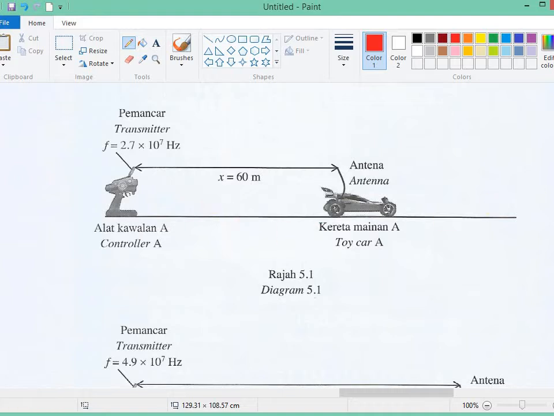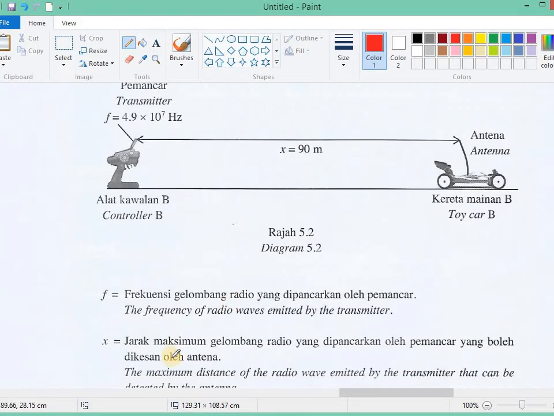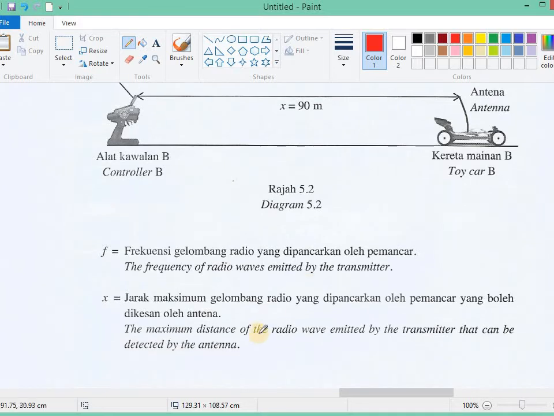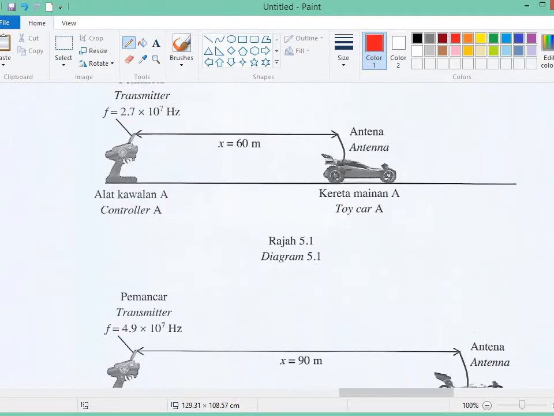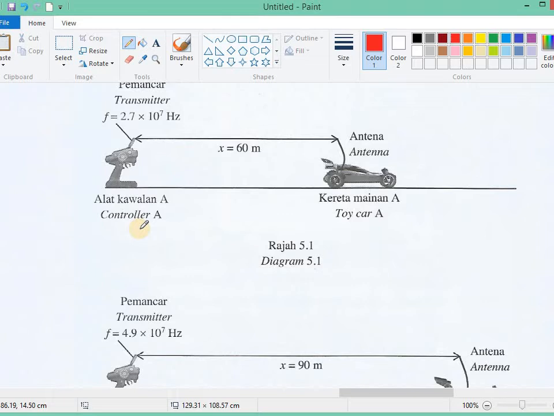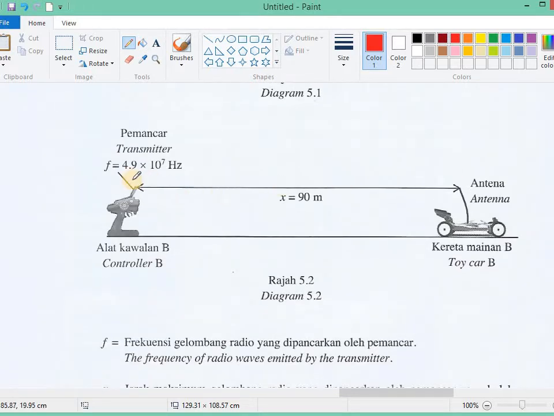X is the maximum distance of the radio wave emitted by the transmitter that can be detected by the antenna. F is frequency of radio wave. This one is lower frequency and the range is 60 meter. This one is higher frequency, and the range is 90 meter.